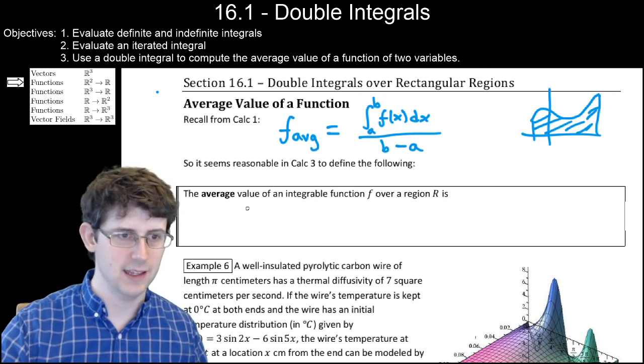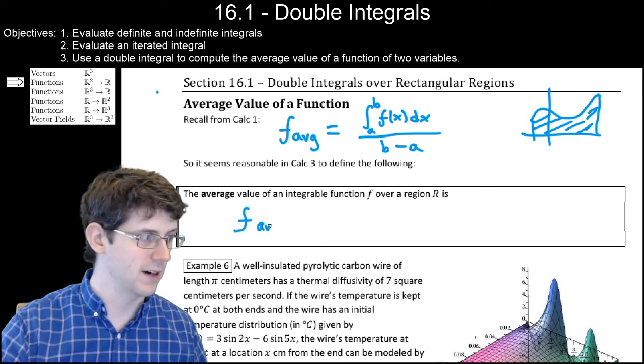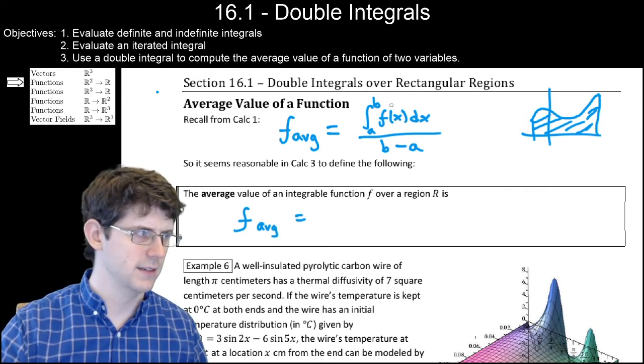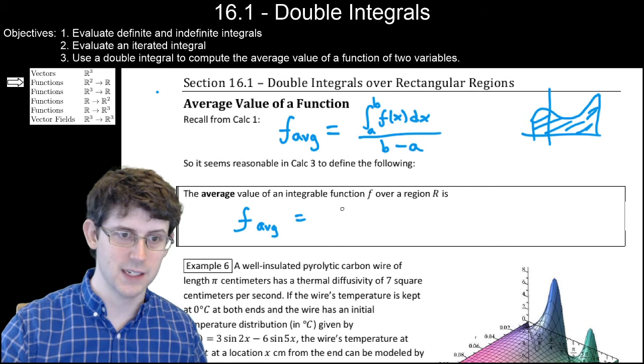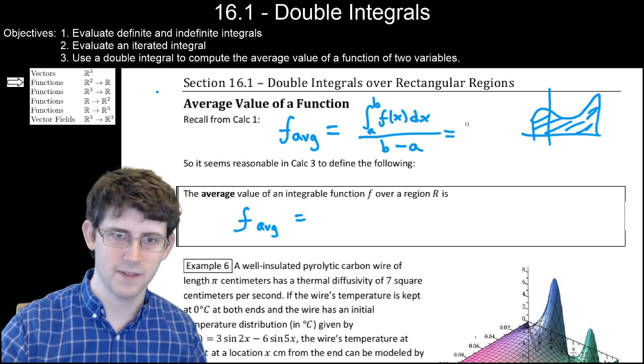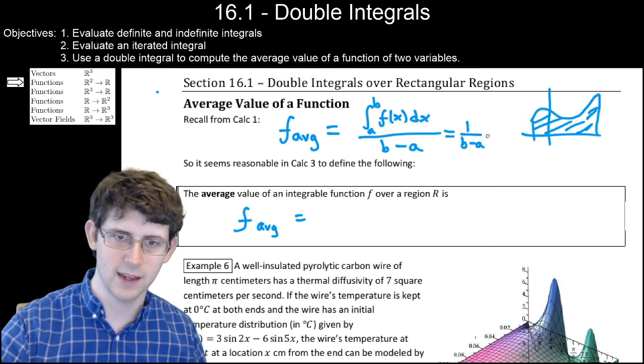We'll say that the average value of our function of two variables is, well, find the volume under the surface. The fraction's going to get really ugly, so I think probably a better way to write it is this way.